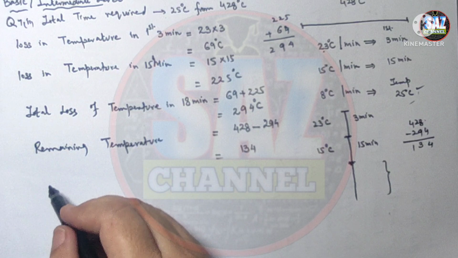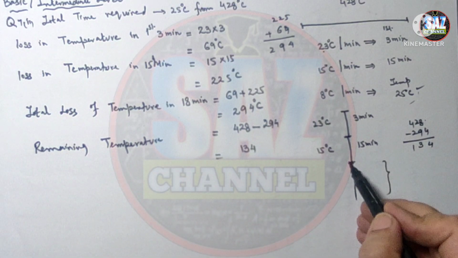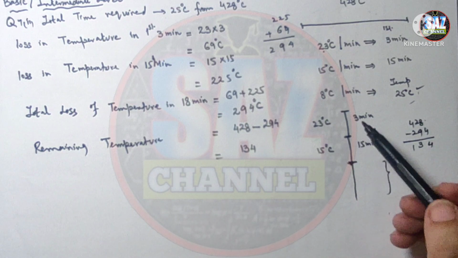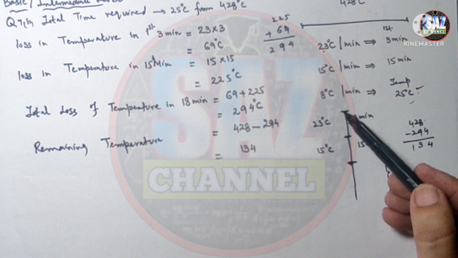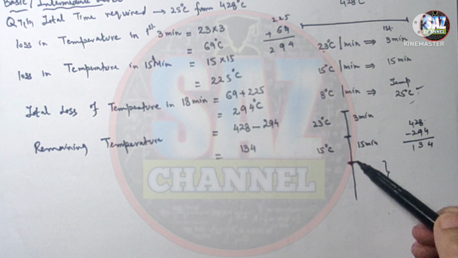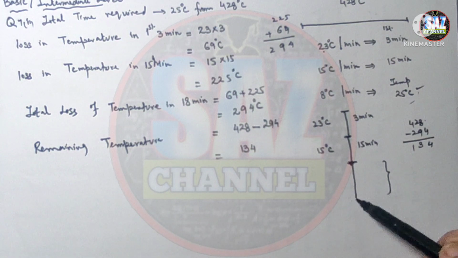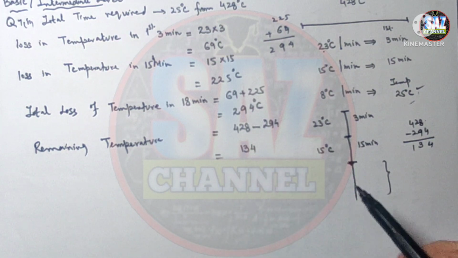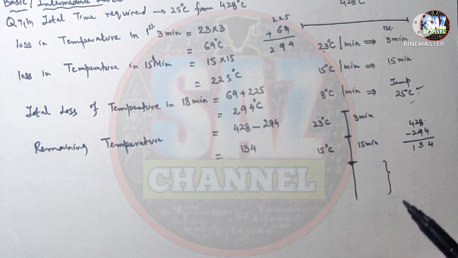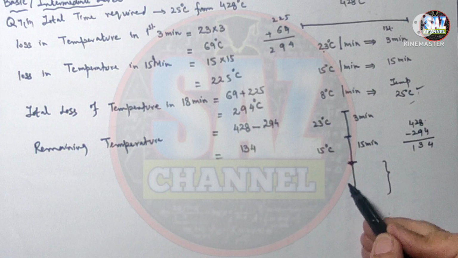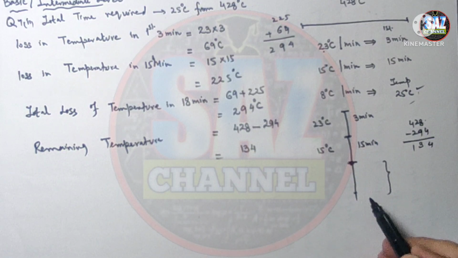At the 18th minute, from the starting point till 18 minutes, the fall in the temperature is 294, and the remaining temperature that we still have to cool down is 134 to reach 25 degrees centigrade.